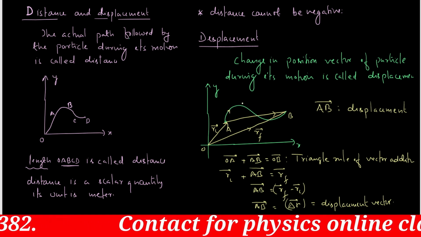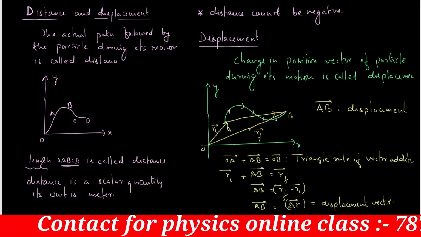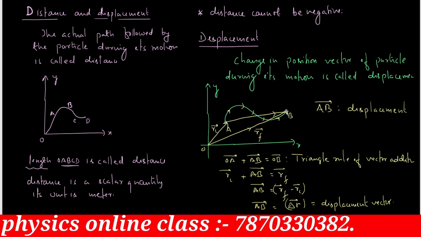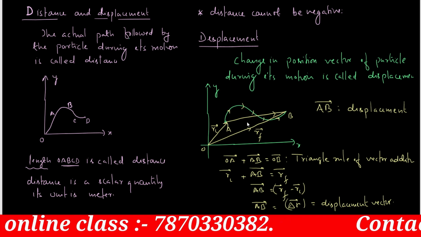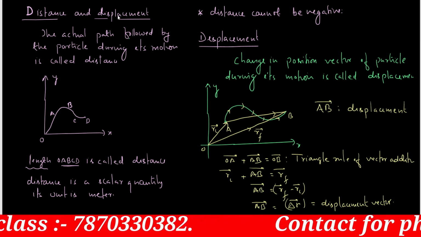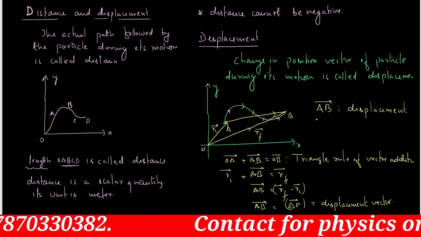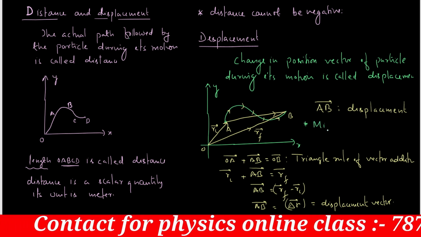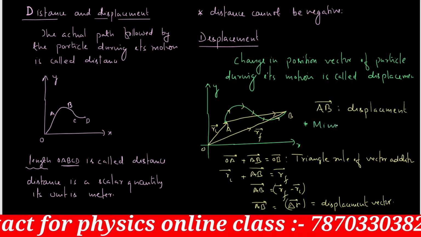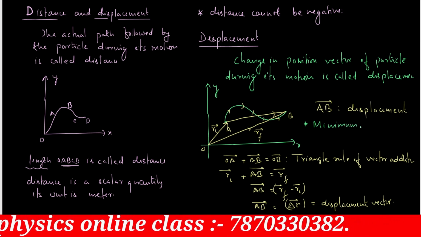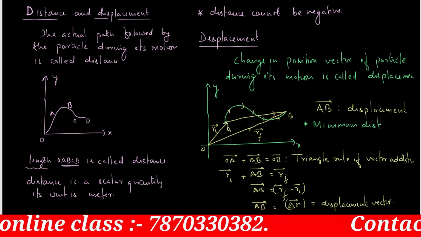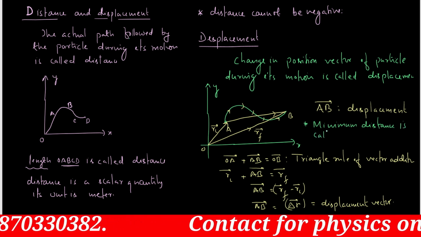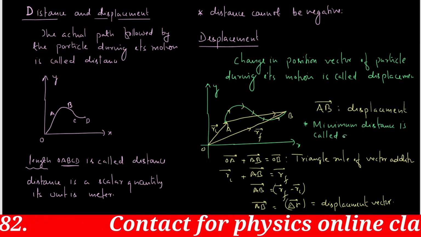So this whole length, the green part, was distance, and the yellow part A to B is called displacement. You can also write that minimum distance is called displacement. This is also a correct statement.